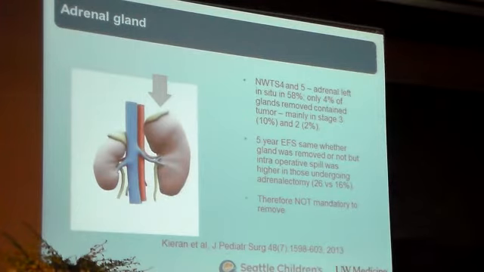So the risk of having tumor in an adrenal gland is small, and the 5-year event-free survival is pretty much the same whether the adrenal gland was removed or not. But one of the issues they found with both stages 4 and 5 is that intraoperative spill was much higher in those that underwent an adrenalectomy. Therefore, removing the adrenal is not mandatory in Wilms tumor.